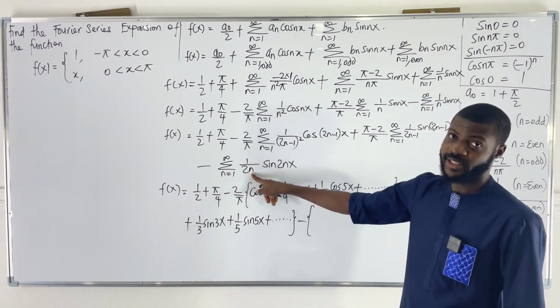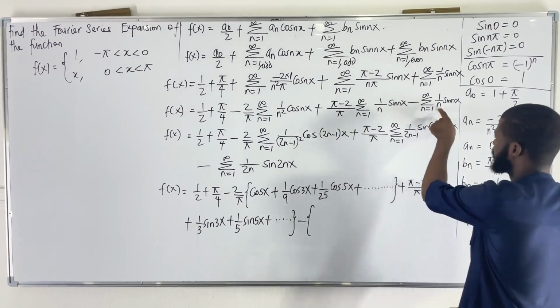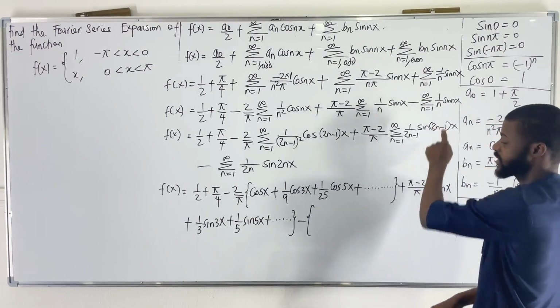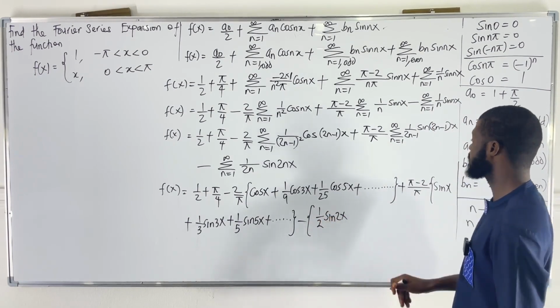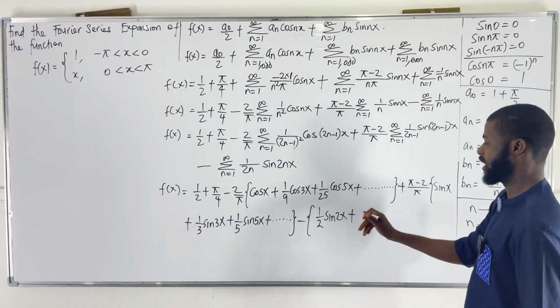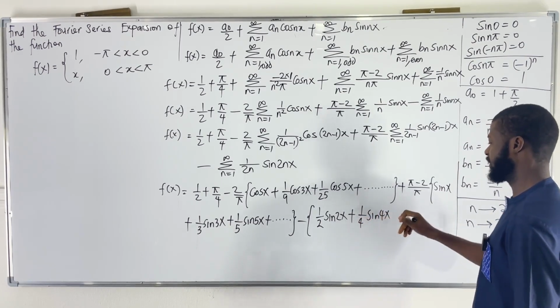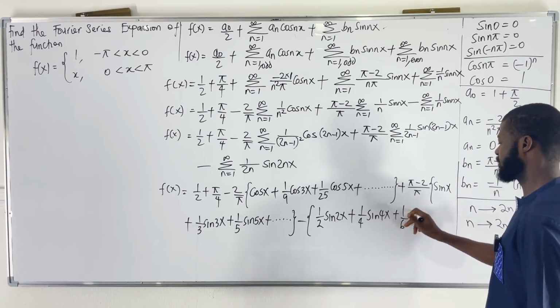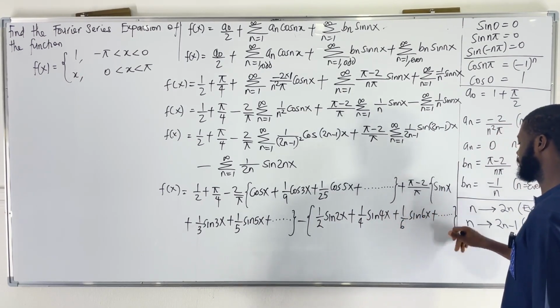So you must always be having even. But let's use this one. So put in your 2, since we're dealing with even numbers. This will be 1 over 2 sine 2x. The next even number is 4. So this is 1 over 4 sine 4x. The next even number is 6. So this is 1 over 6 sine 6x. You can't really get to infinity, so you need to end that.